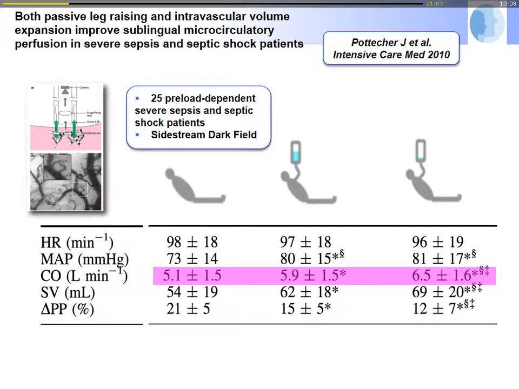Another study that we perform is in septic patients, preload dependent severe septic patients, where we perform 2 successive fluid challenges. The first one, you can see, we have a nice increase in cardiac output, and the second one also, we have a nice increase. So we optimize the macrocirculation of this patient.